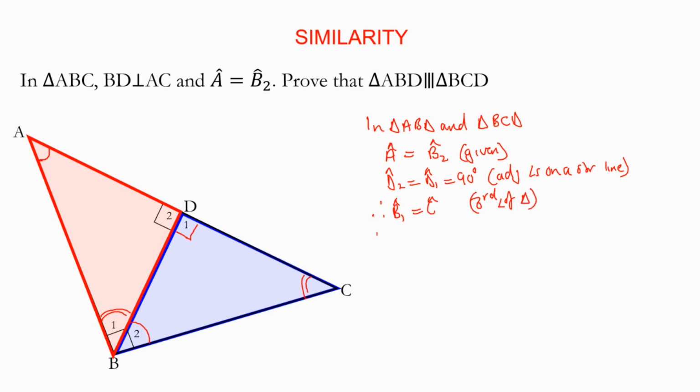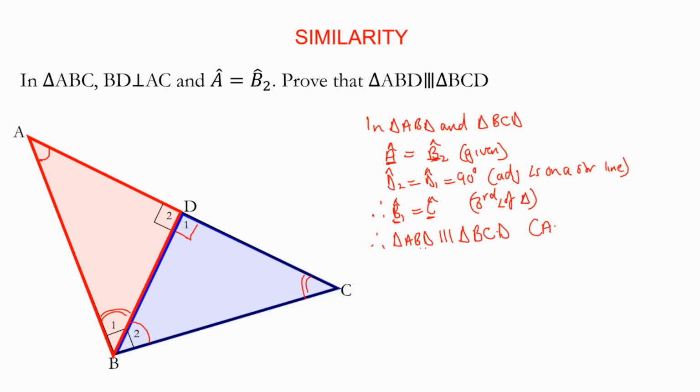So now we can say, therefore, triangle ABD is similar to triangle, A goes with B, so B, and then B goes with C, and then C there, then D goes with D. ABD is similar to triangle BCD.